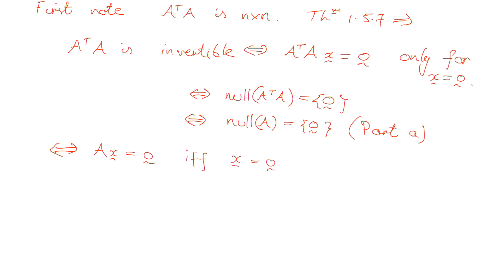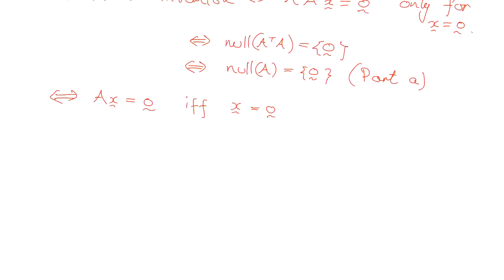But what's our favourite way of interpreting what AX means? What's AX? I started asking this in week 1. Can somebody? Yeah. Of the columns. That's right. So AX is the linear combination of the columns of A, where you're picking the scalars from X.